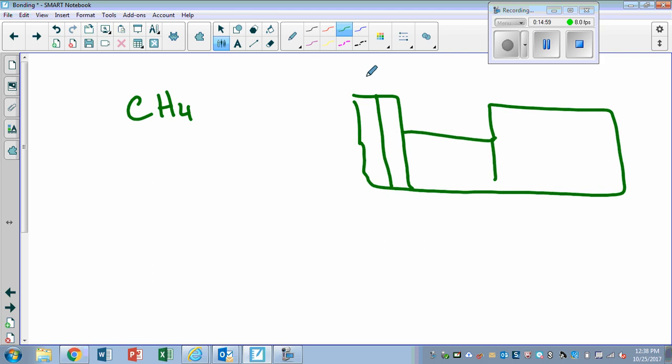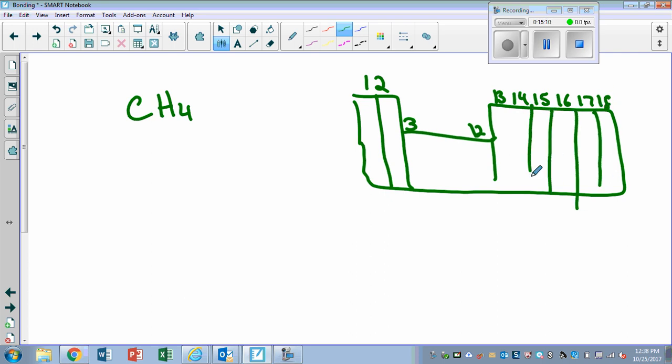So I have group number 1, 2, then 3 to 12, then 13, 14, 15, 16, 17, and 18. This is the periodic table. The groups have one valence electron, two, 3, 4, 5, 6, 7, and 8.